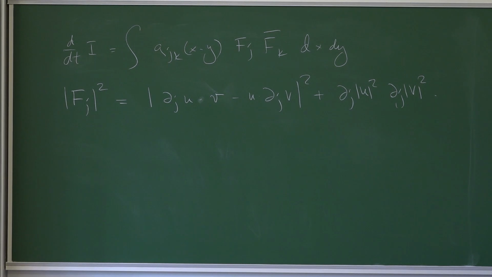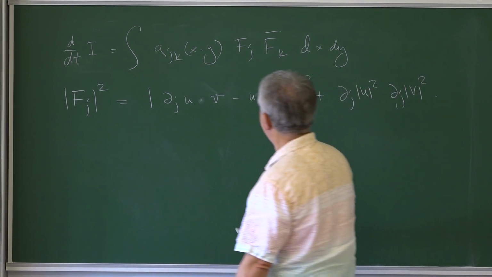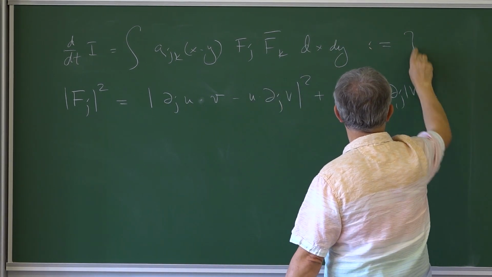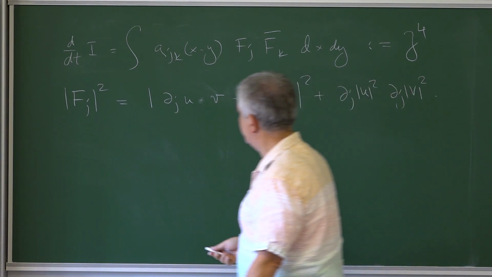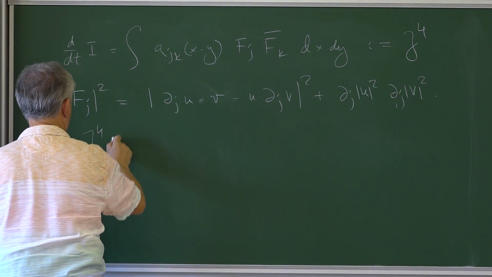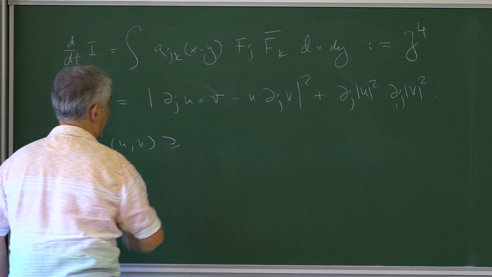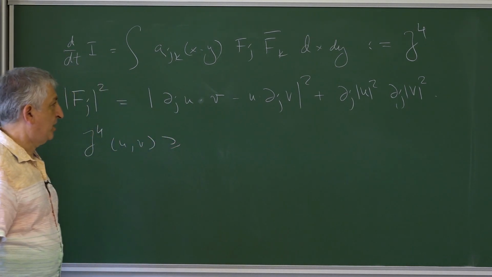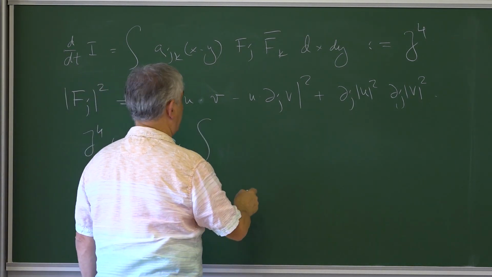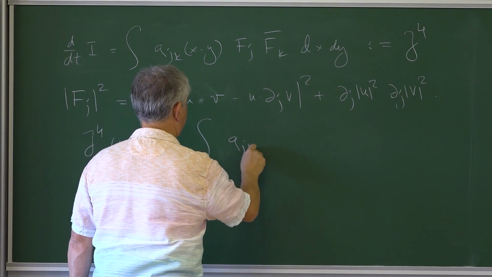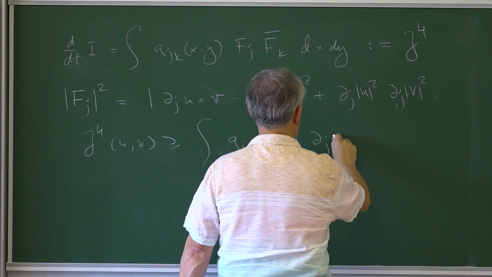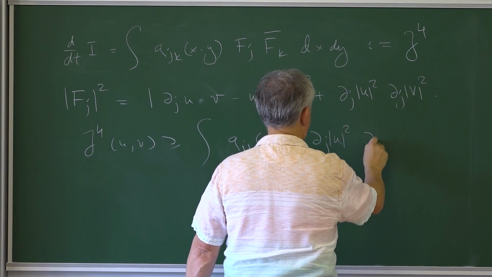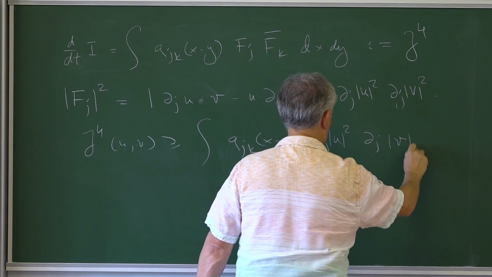And so this means that when you look at this expression, which we're going to define as our new J4 functional, we can write down a nice inequality for J4. J4 of u and v is greater than or equal, neglecting this term for now, to the integral of ajk of x minus y dj u squared dj v squared.